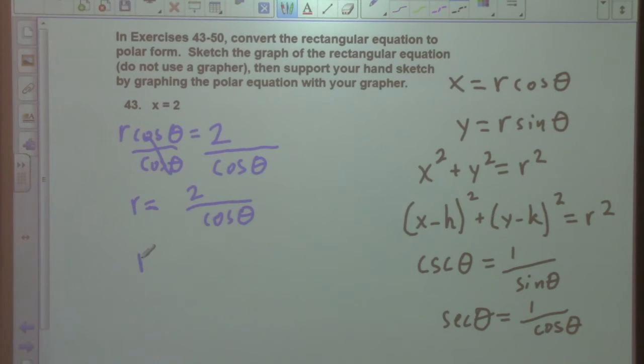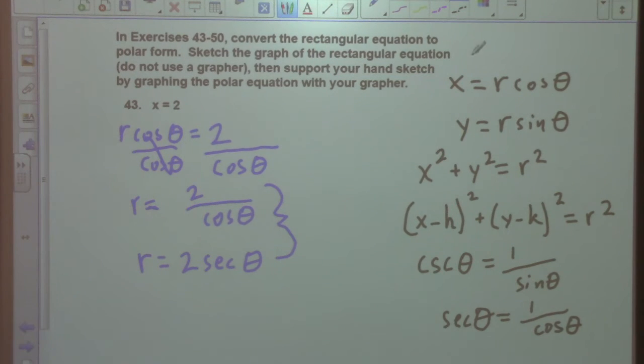So that becomes r equals 2 secant theta. These are equivalent, correct polar equations, but when we use our calculator, we're going to have to use the top one for reasons we're going to talk about shortly.